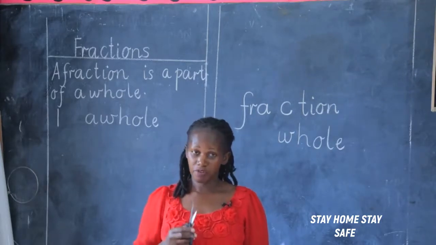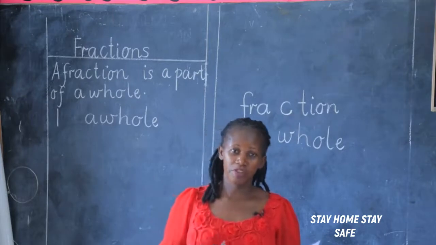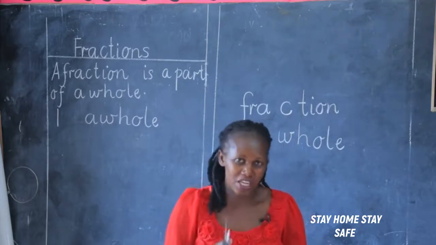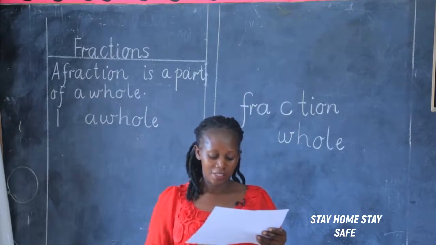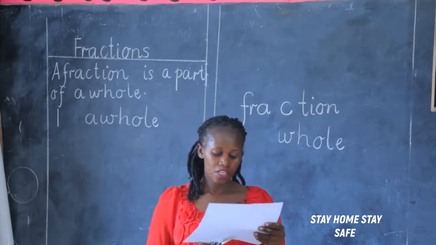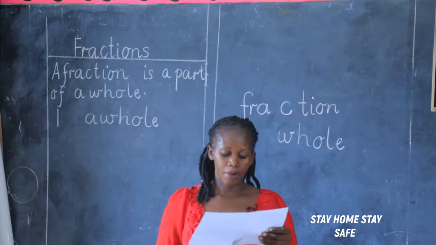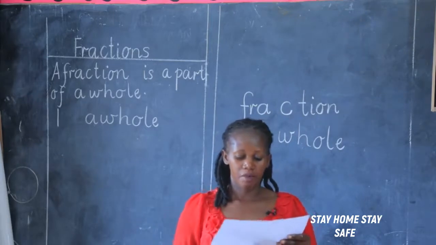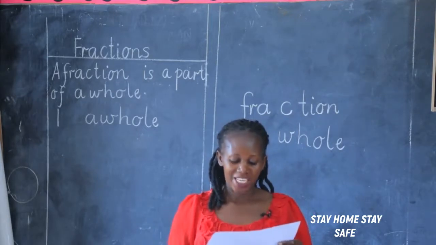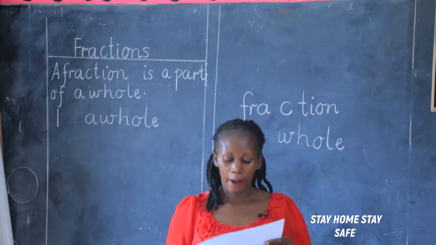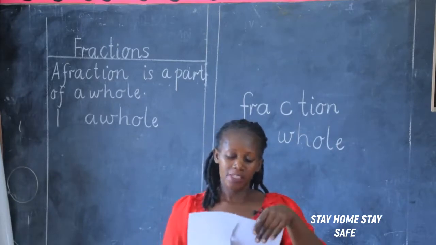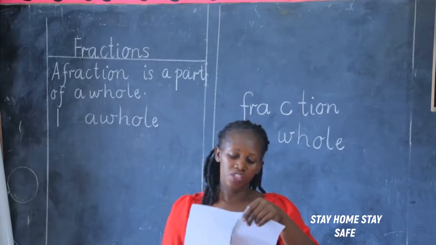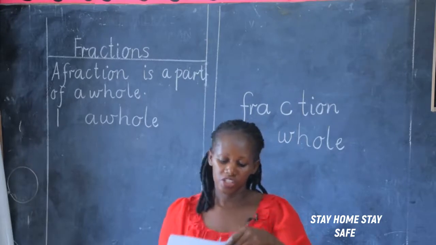And some of you are funny. You cut just a small piece and give. No, you're supposed to cut equal parts. So I'm cutting my paper. I'm going to make parts or pieces. And the parts I'll get are the ones we shall call fractions.